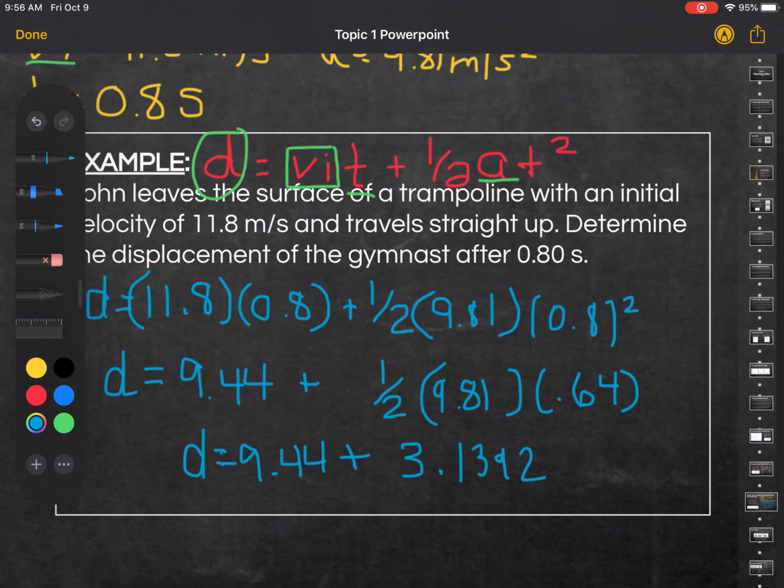So now if I take those two numbers and add them together, I should be able to solve for my displacement. Remember, this is displacement.